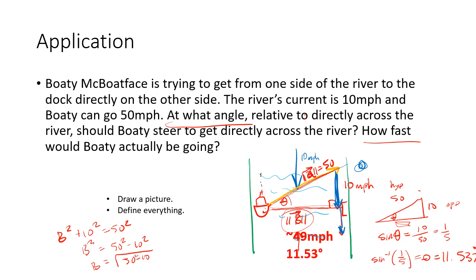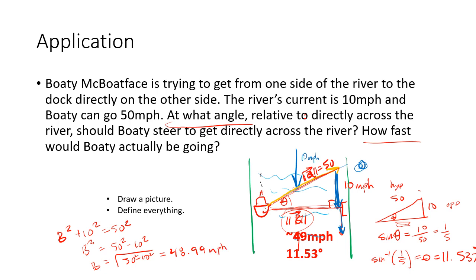I don't know what that is off the top of my head, so let's do the math. It's 2500 minus 100. So what's the square root of 2400? The square root of 2400 is 20 root 6, which is 48.99-ish miles per hour.